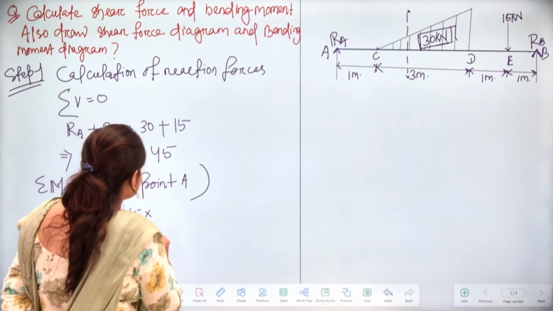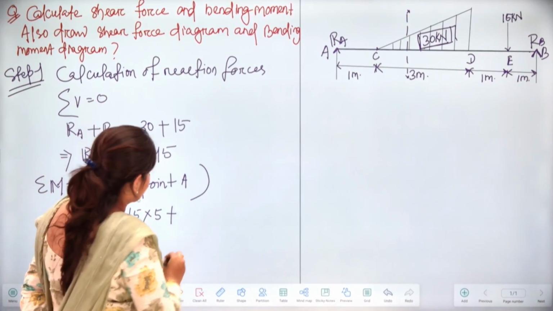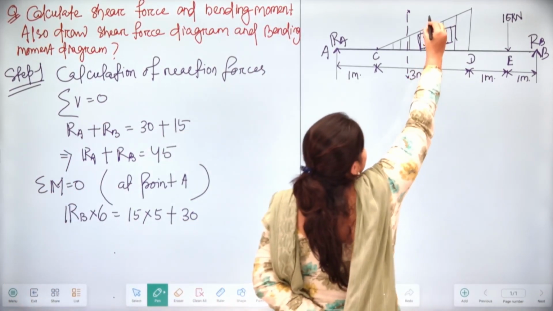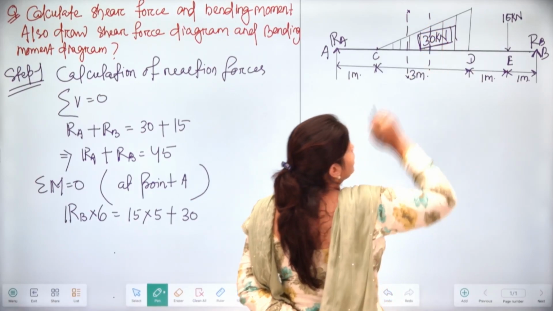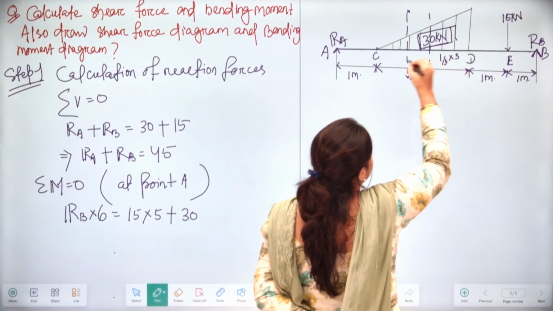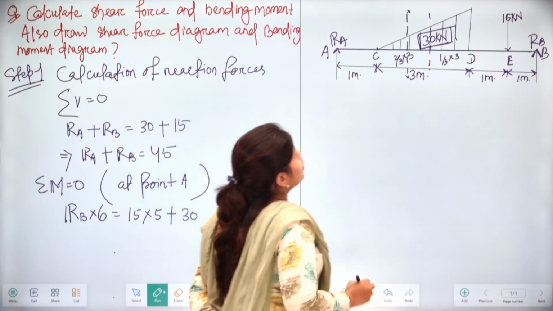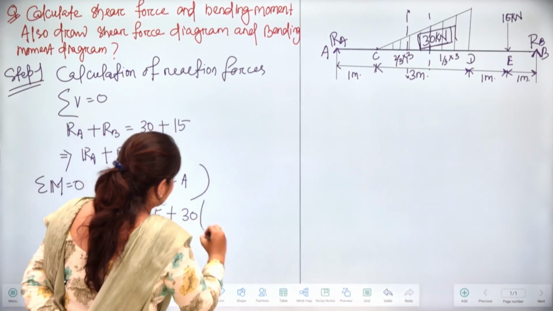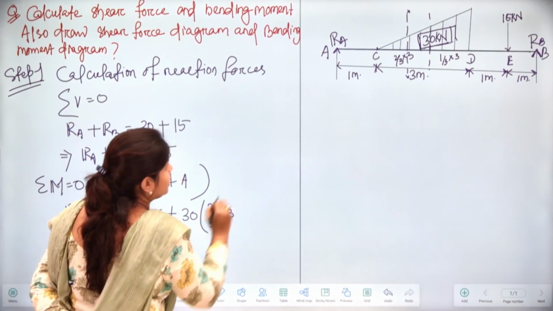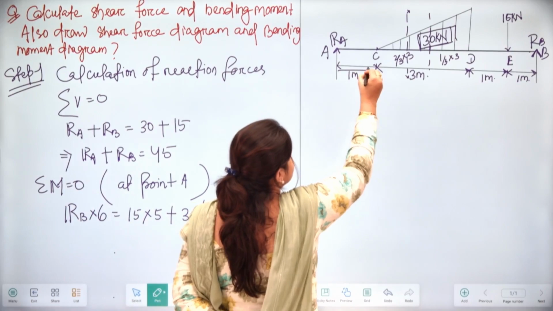Here the distance is 5 meter, plus these 30 kilonewton will be applied at the center of the triangle. You can see this part will be 1 by 3 into 3 and this part will be 2 by 3 into 3. So this 30 will be multiplied with 2 by 3 into 3 plus 1, this 1 meter.